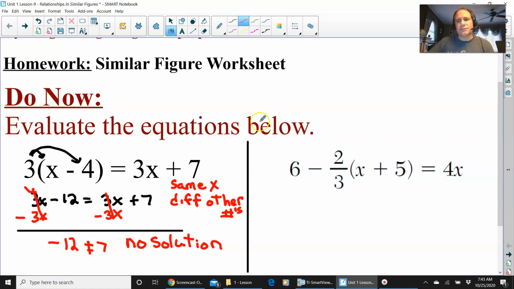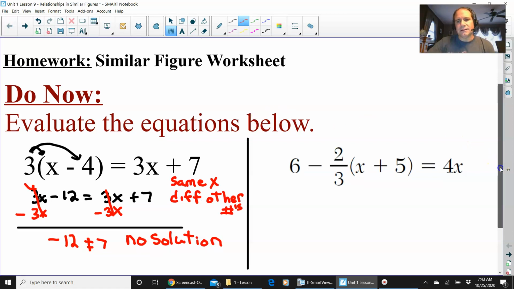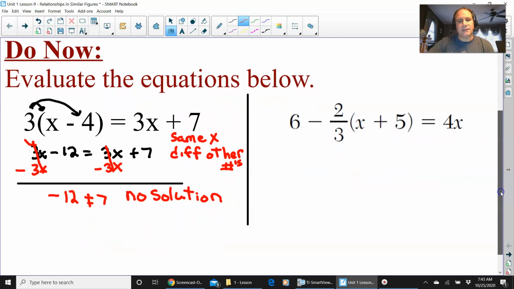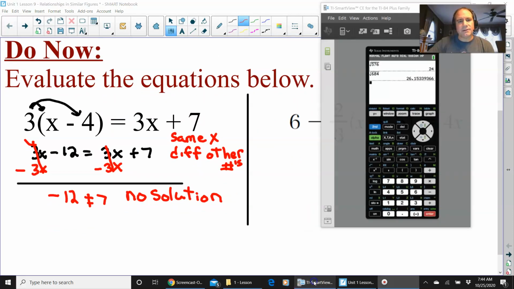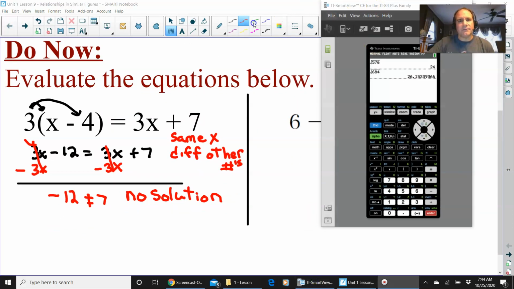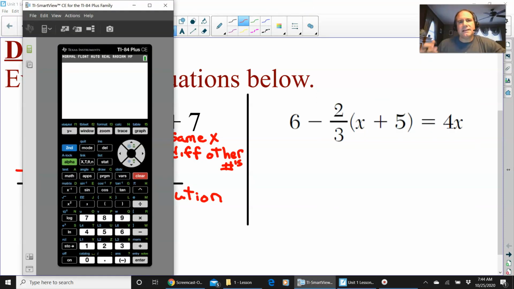Let's go over to number 2 here in the do now, and this is a very tricky question. I'm going to bring up the calculator right now. As I said in my other videos, the calculator is completely necessary to do this problem. You shouldn't try anything without the calculator, or at least try it and then check it with the calculator.